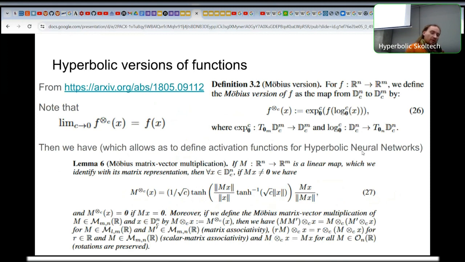And applied to hyperbolic neural networks, we can define the Möbius versions of any function.